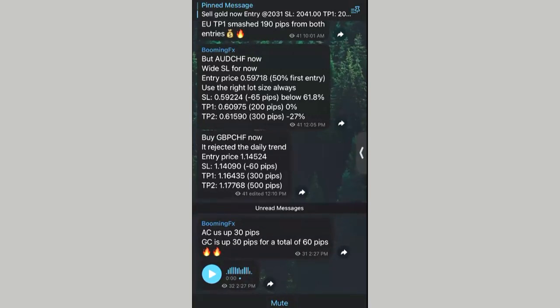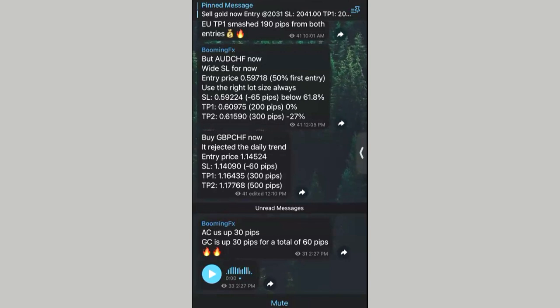The short for GBP CHF is GC, right? But the short for GBP CAD is also GC. So if we say GC, that means it's GBP CHF. But if we're also in GBP CAD, we're not just going to say GC. You know what I mean?